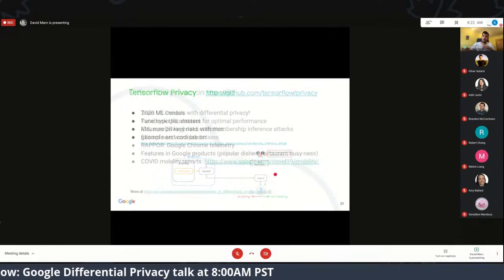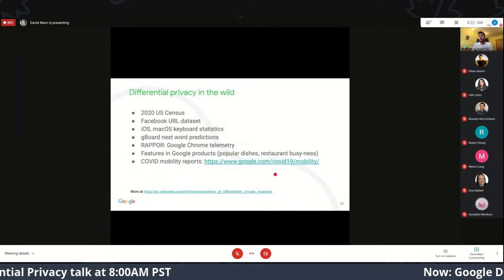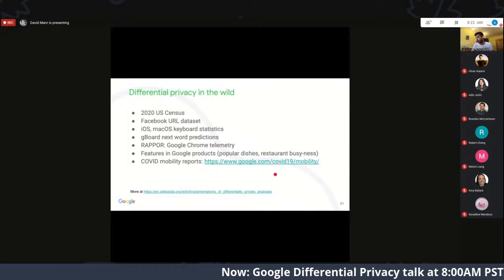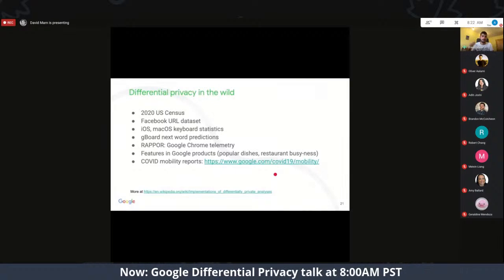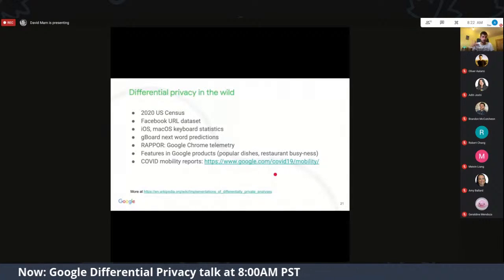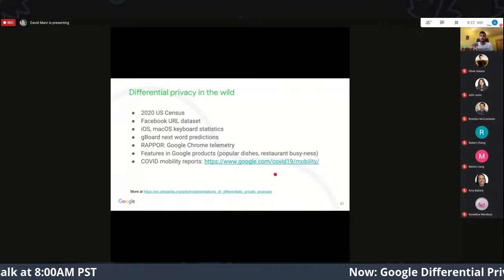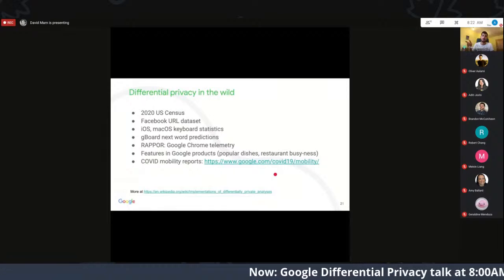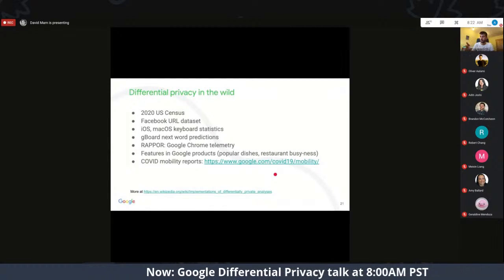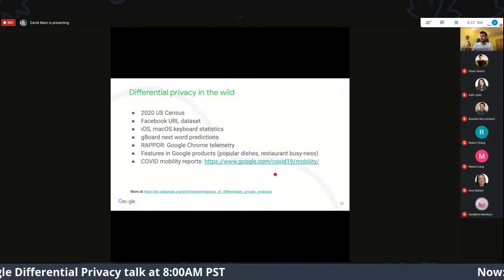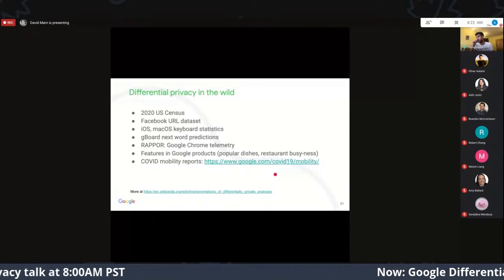Okay, now let's go and see where differential privacy is used in the wild. What I find great is that this has transcended the boundaries of Google, but also the boundaries of tech. And it's going to be used in the US Census that's done every 10 years. The US Census is extremely tricky because they publish a lot of very granular statistics.